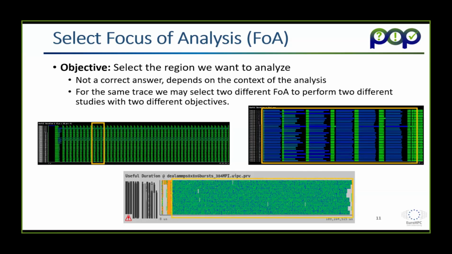And for the very complex one, this one, we did several studies. We did one study with the whole run, because it was not possible to cut it and get a representative cut of the application. But we also zoomed in and did an analysis of a subset of the nodes, a smaller one, to really see the details of that run.